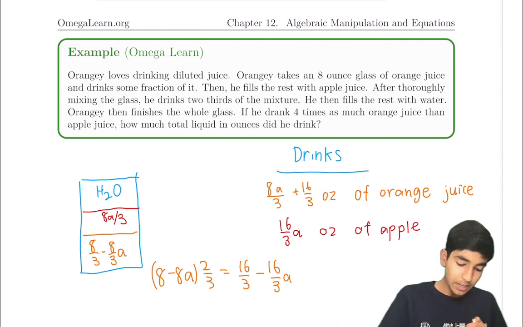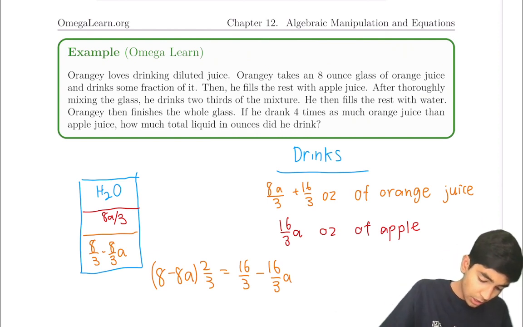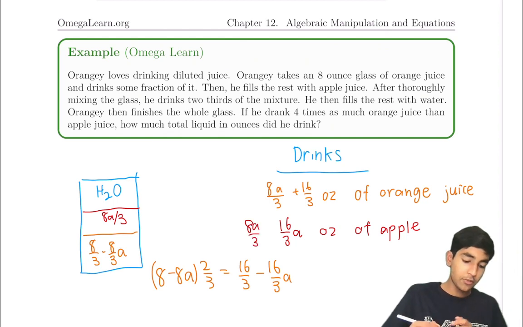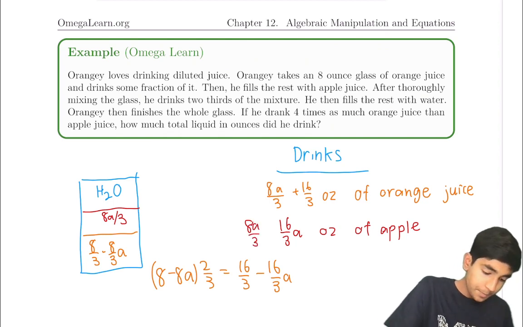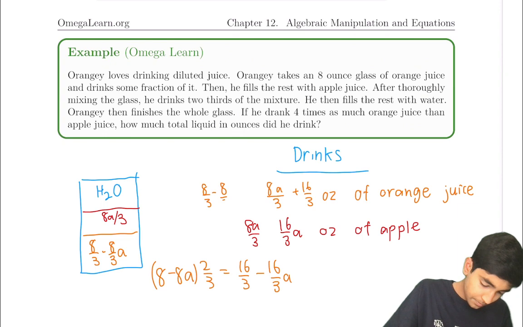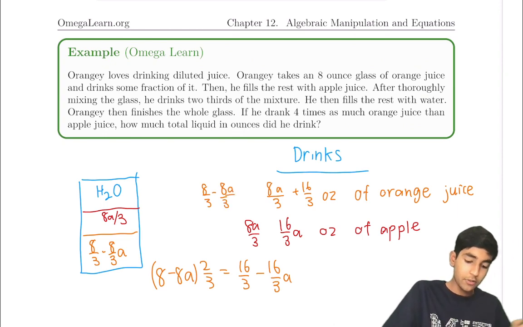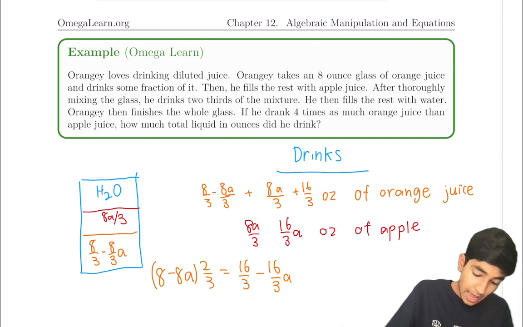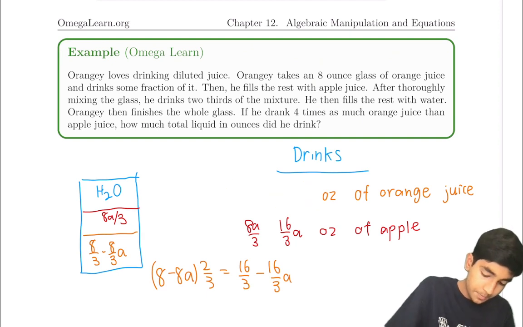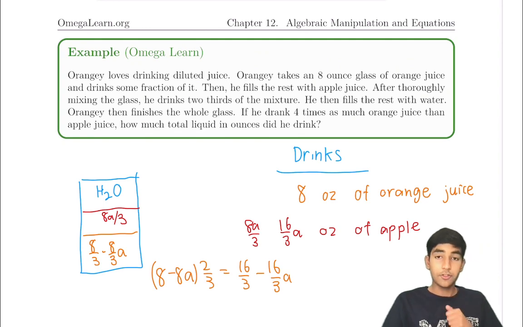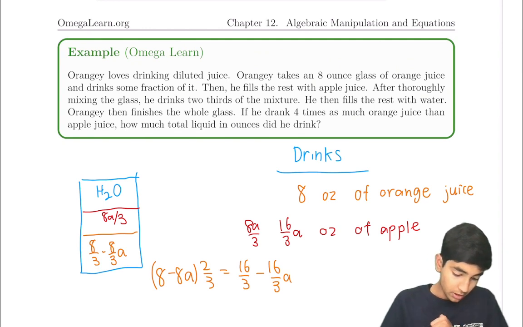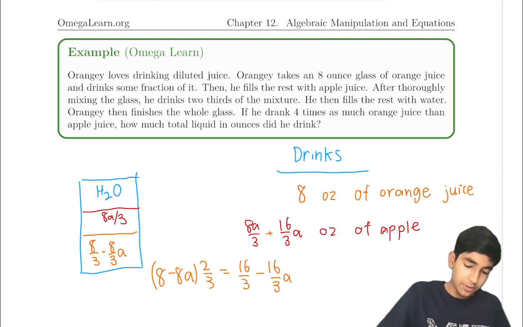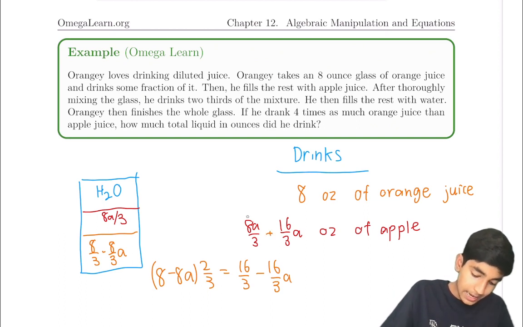So we can simply add 8A/3 to the amount of apple juice drunk, and 8/3 minus 8/3 A to the amount of orange juice drunk, because he drinks the remaining amount. We can simplify the orange juice quantity to 8/3 plus 16/3, which is 24/3, which is just 8. So he drinks 8 ounces of orange juice. And the amount of apple juice is 8/3 A plus 16A over 3, which is 24A over 3, 8A.